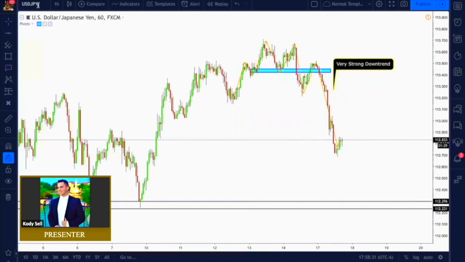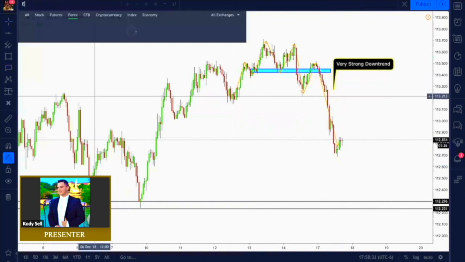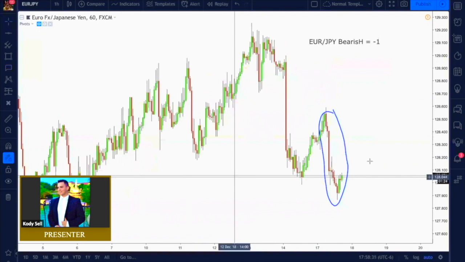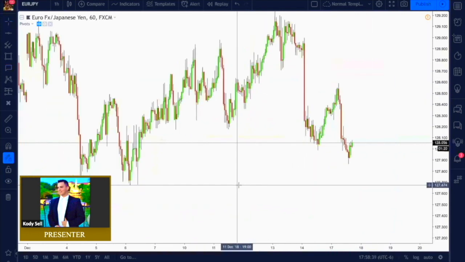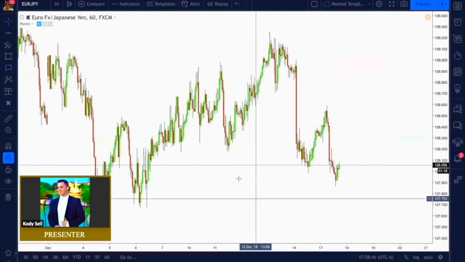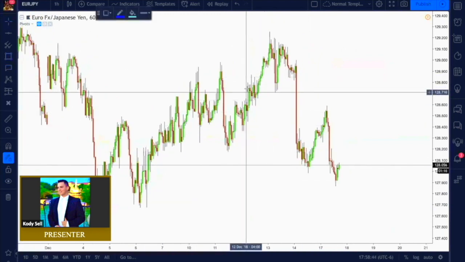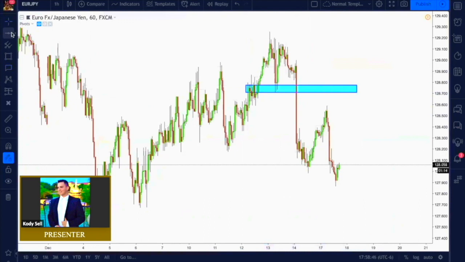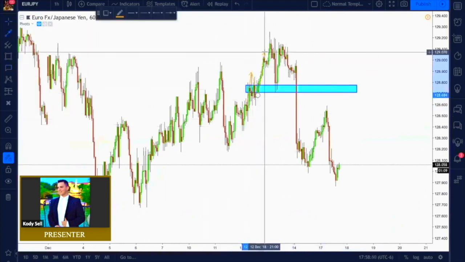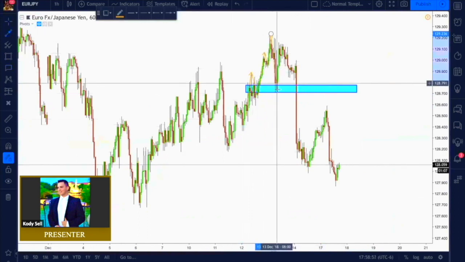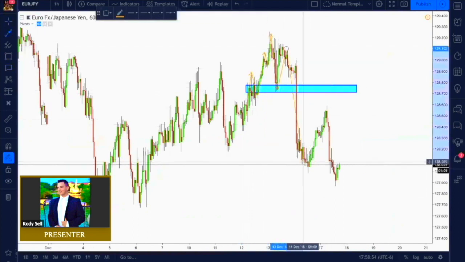I'm just getting a general idea of what's going on here on USDJPY. Now, let's take a look at our next pair, EURJPY, on the 1 hour. Let me clear all this off. EURJPY. So again, noticing that structure had breached already. We were heading up, and we actually breached further up there, and we've been heading down since.